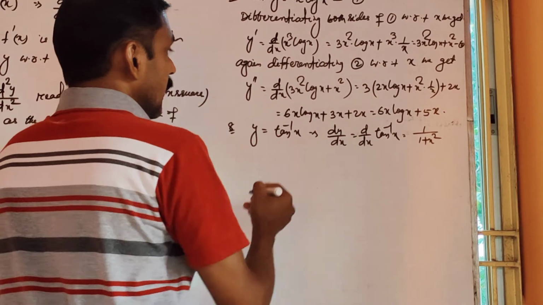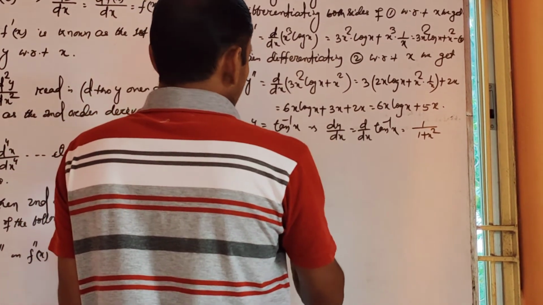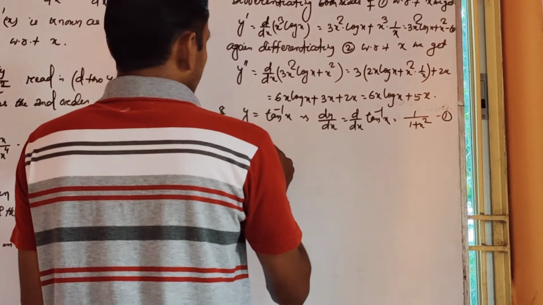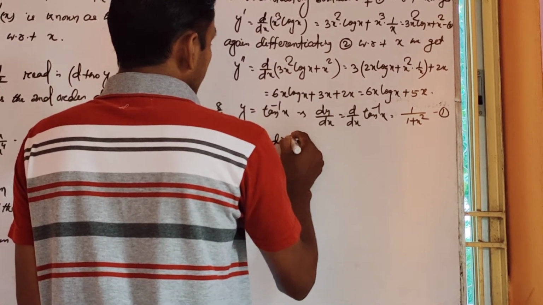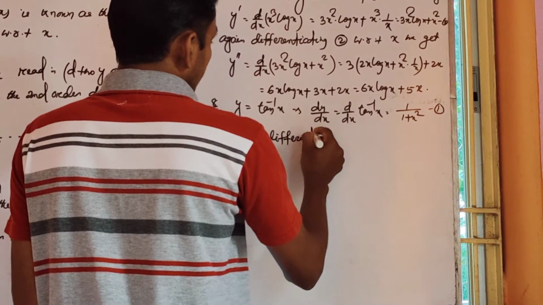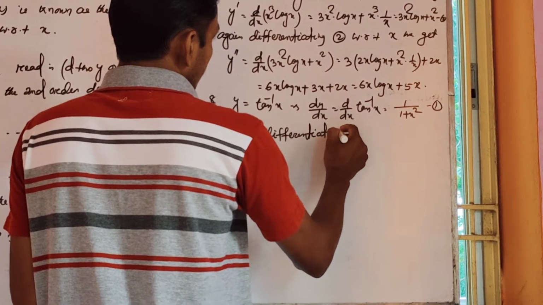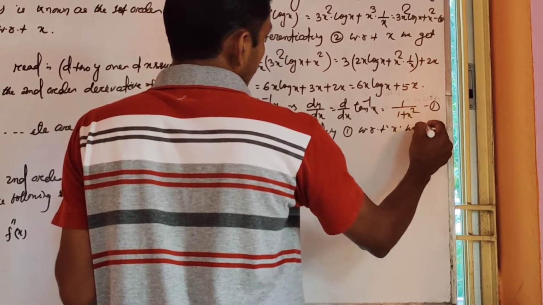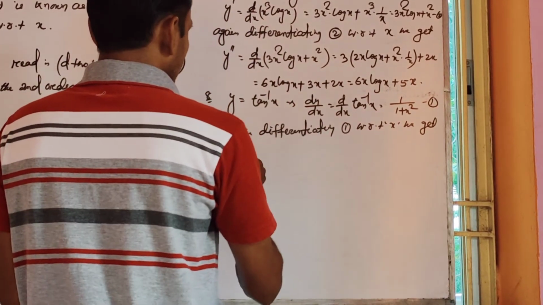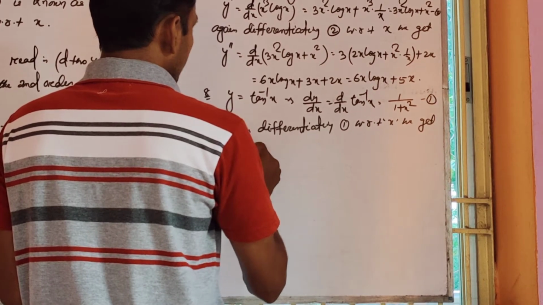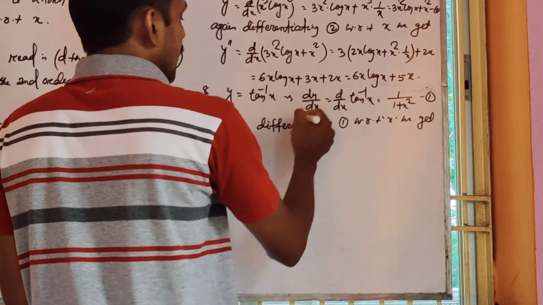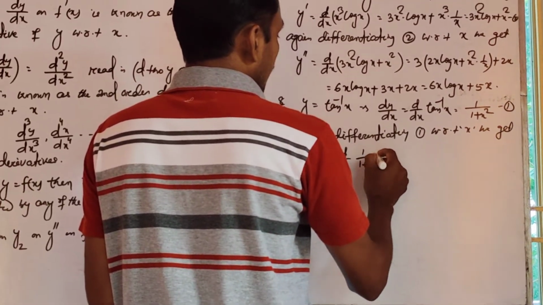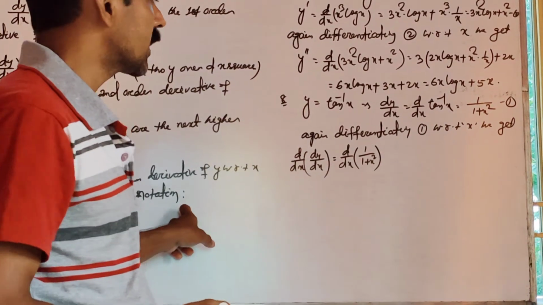Okay. Again differentiating, give it number 1. Again differentiating 1 with respect to x, you get d by dx of dy by dx on the left hand side equal to d by dx of 1 by 1 plus x square.